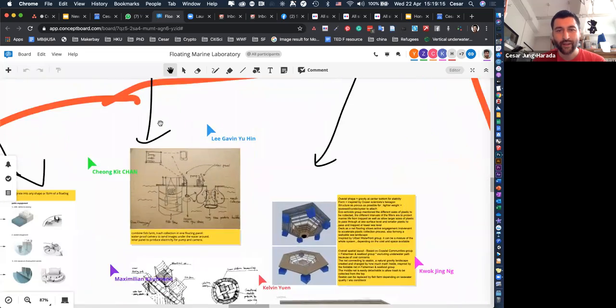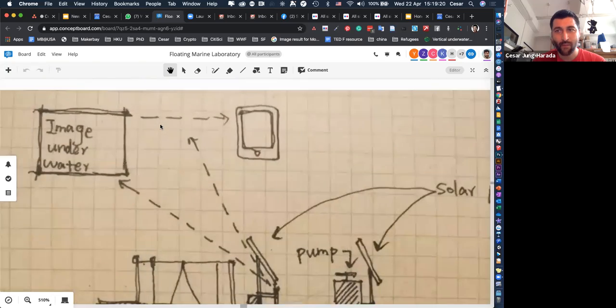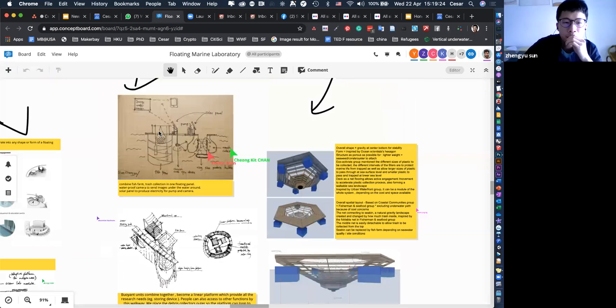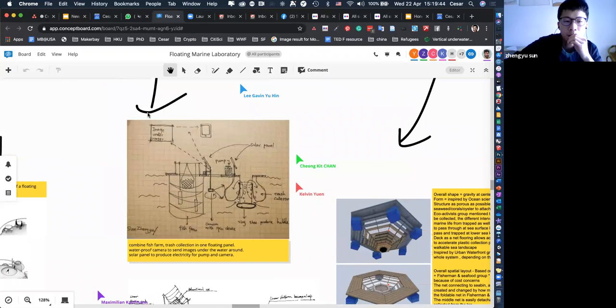Okay. So this idea is to combine the trash bin with the fish farm unit, and also with an underwater camera that can spin around to look at the situation around it and send images to watch how much trash it collects or the living condition of the fish farm.